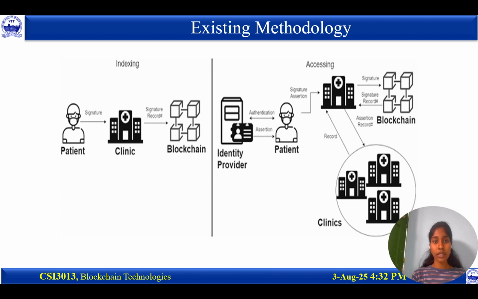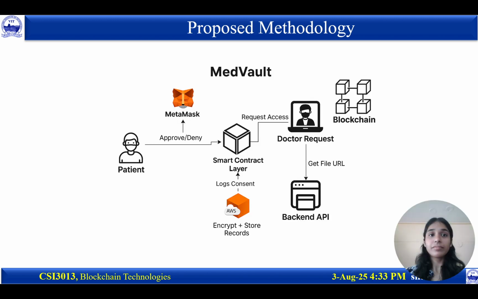The assertion then serves as a proof of authorization, allowing access to actual records stored in clinical systems. This setup ensures secure, decentralized indexing and controlled access to sensitive medical data while maintaining patient ownership and privacy.